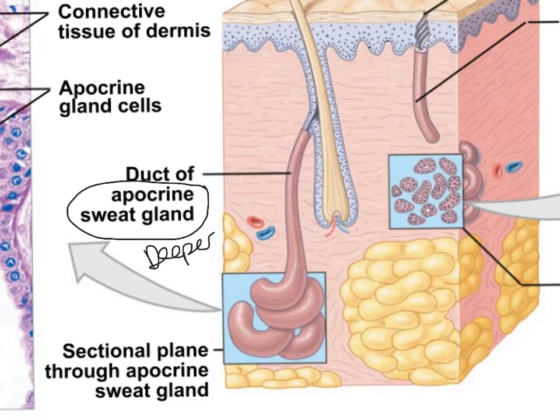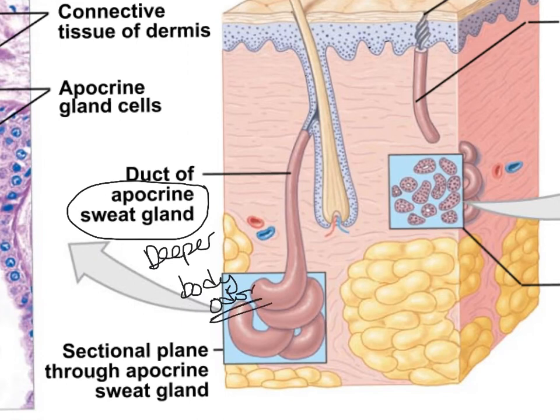The apocrine glands we find in areas like your armpits, around the nipples, in the groin area. And they produce a sticky, cloudy, odorous secretion. This is what produces the body odor from sweat.